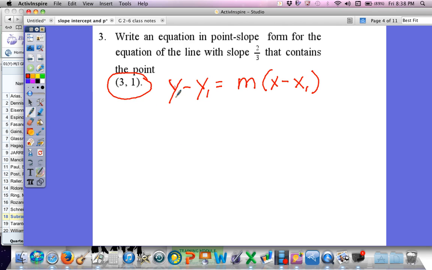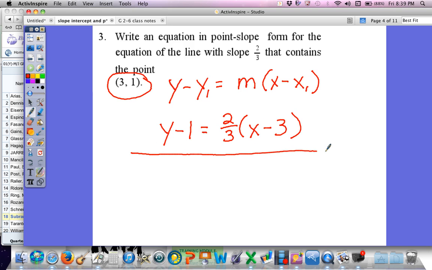In this case, they only gave us a point. So y minus 1 equals 2/3 for the slope, x minus 3. And that is the equation in point-slope form.